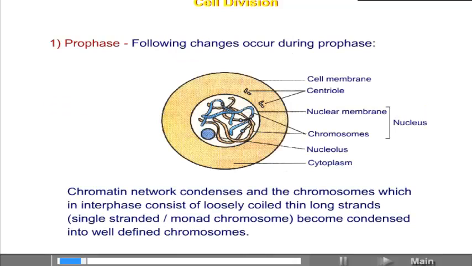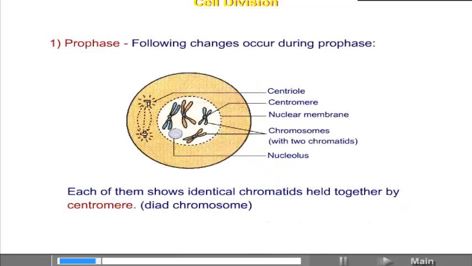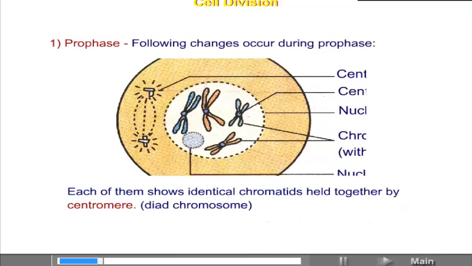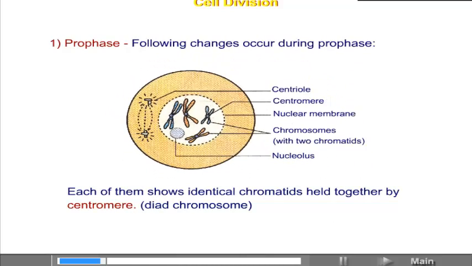Prophase. The following changes occur during prophase. The chromatin network condenses, and the chromosomes, which in interphase consist of loosely coiled, thin, long strands, single-stranded monad chromosomes, become condensed into well-defined chromosomes. Each of them shows identical chromatids held together by a centromere, a dyad chromosome.